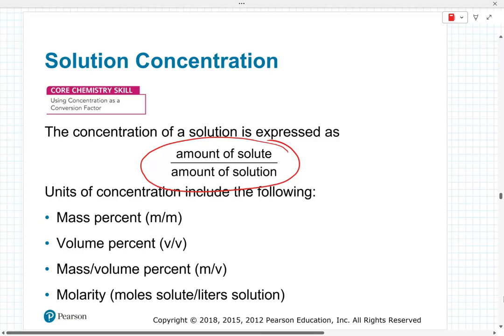So, do you eat potatoes? Like from time to time? Yeah? If you buy them in bulk, it's like 5 pounds per bag. Right? This is nothing else than concentration. Am I making sense? It's the concentration of potatoes in one bag.